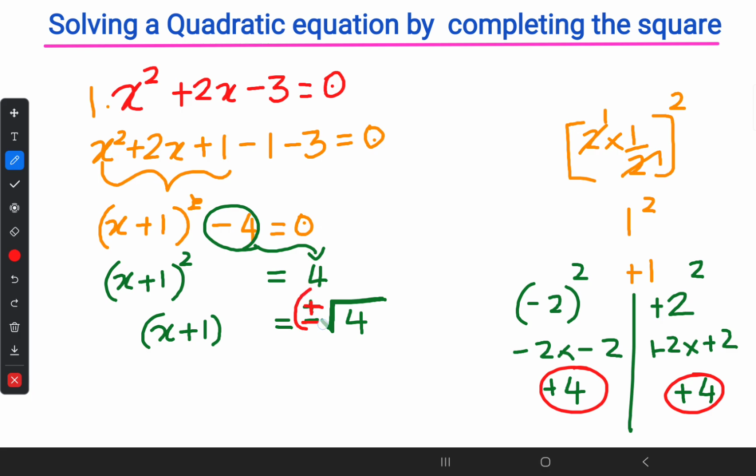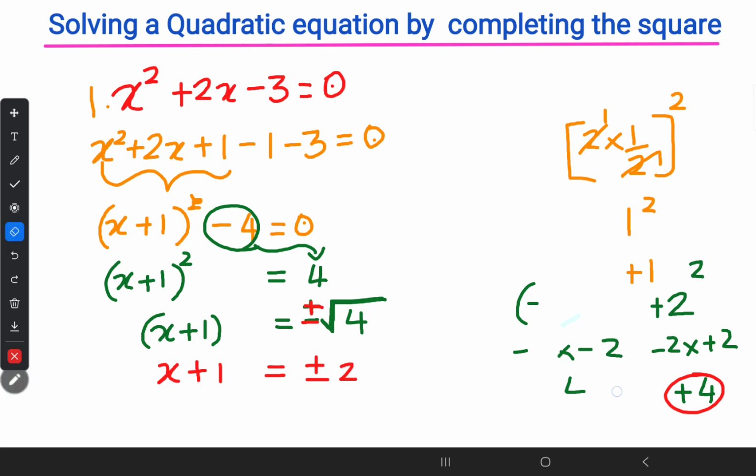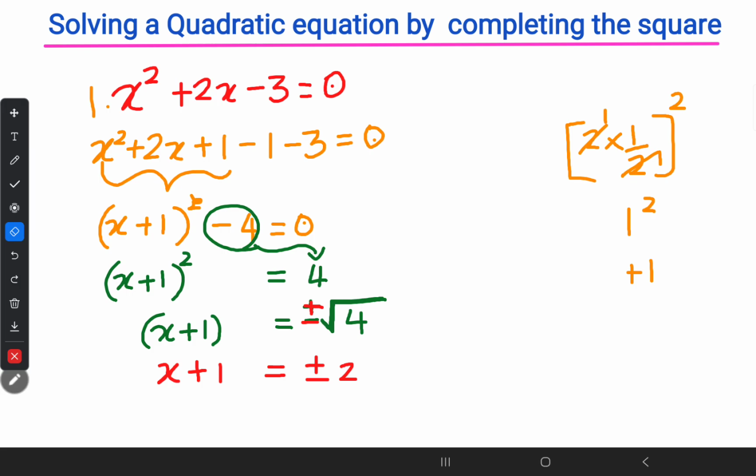That's why both directions should be included here. Thereafter, x plus 1 equals plus or minus the square root of 4, which is 2. The direction still remains the same.